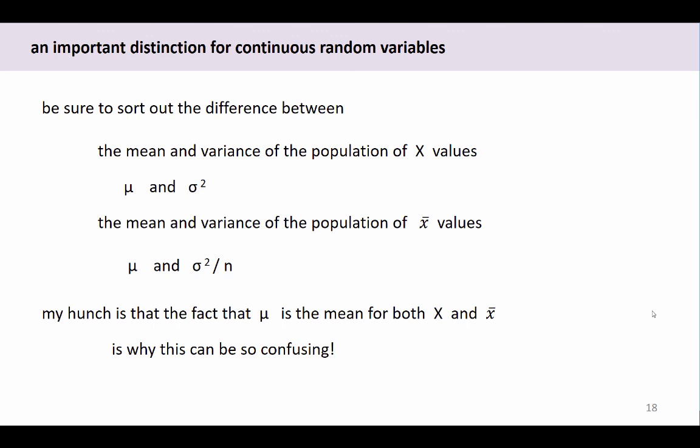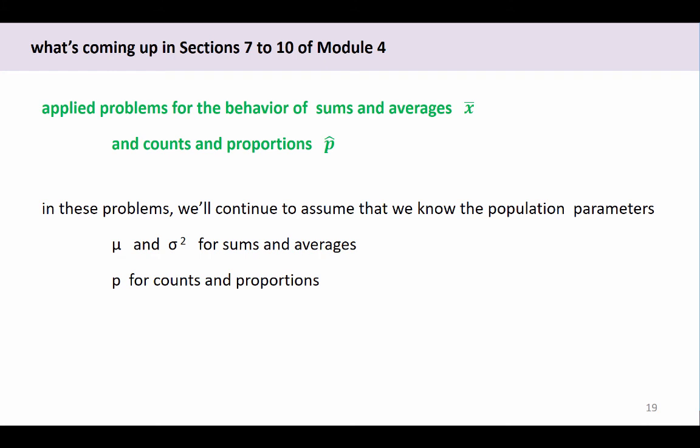Mean mu, but variance sigma squared over the sample size n. Now, my hunch is that the fact that mu is the mean for both the x values themselves and the x bar values is why this is kind of potentially confusing. But you want to be on the alert now for whether we're talking about a population of x values or a population of x bar values.